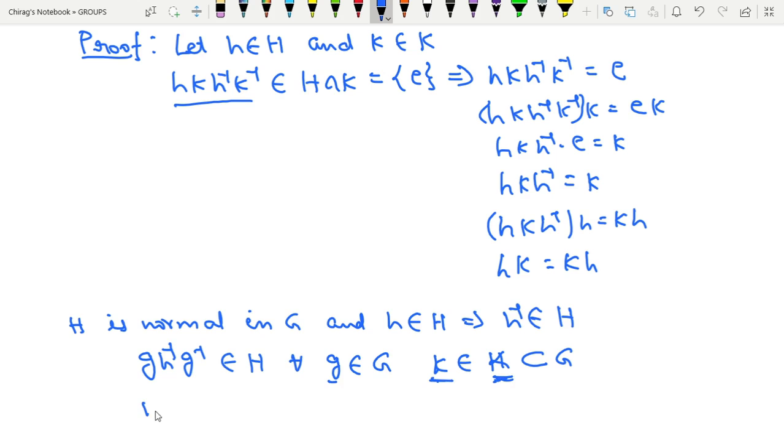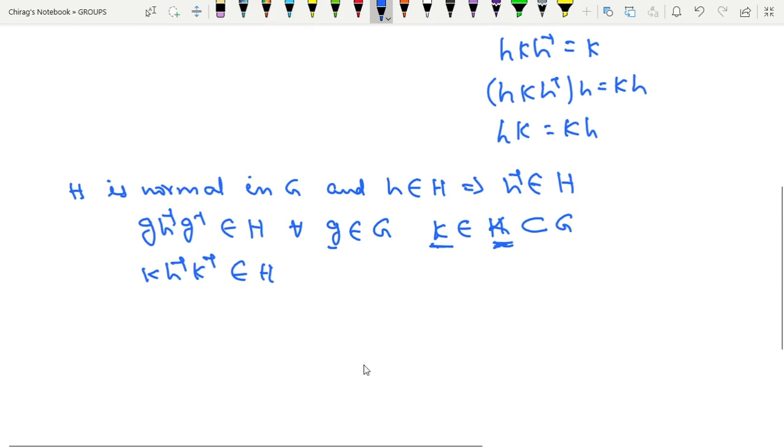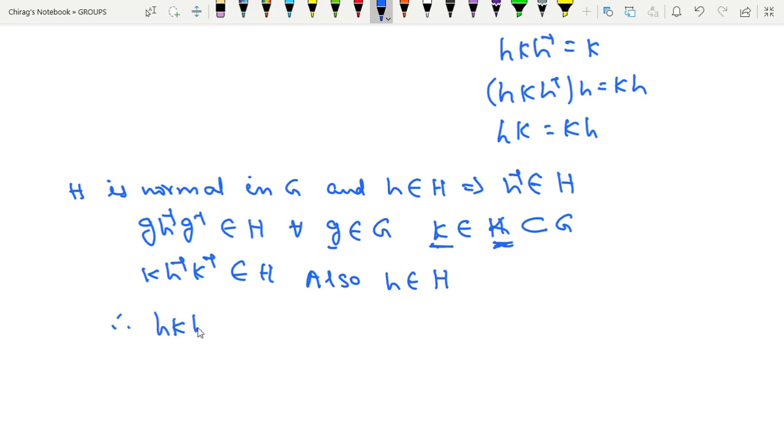So therefore, k into h inverse into k inverse belongs to what? H. Now, h also belongs to H. Therefore, h k h inverse into k inverse belongs to H, right? So this is one.